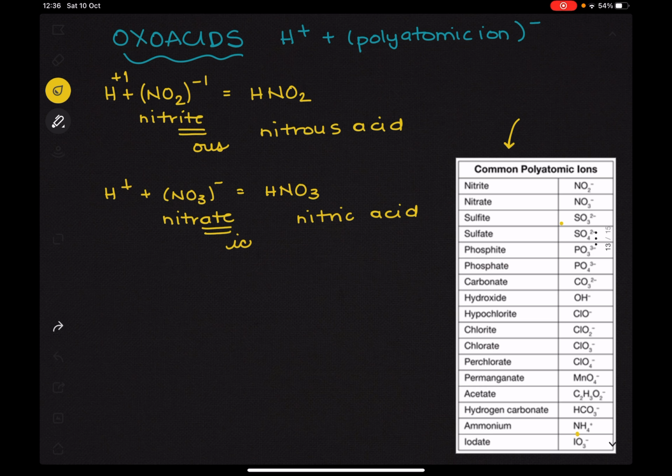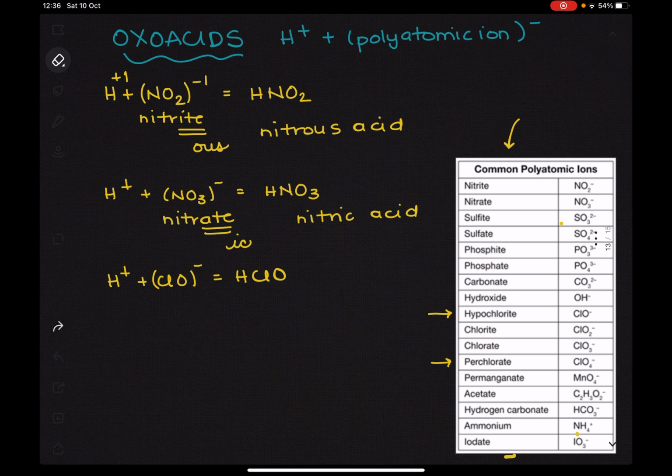What happens with those that have the hypochlorite, for example, or perchlorate? What happens with those terminations? So let's do hypochlorite. We have H plus ClO. This ion is -1, so I do HClO.